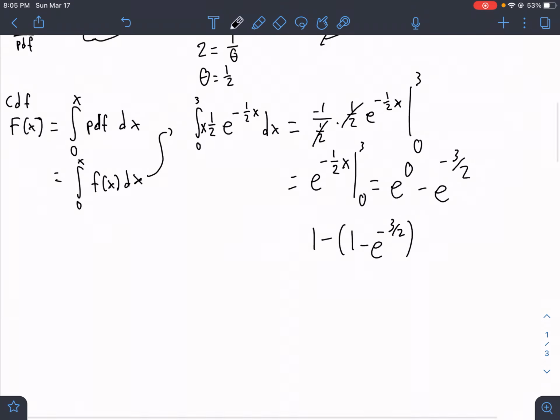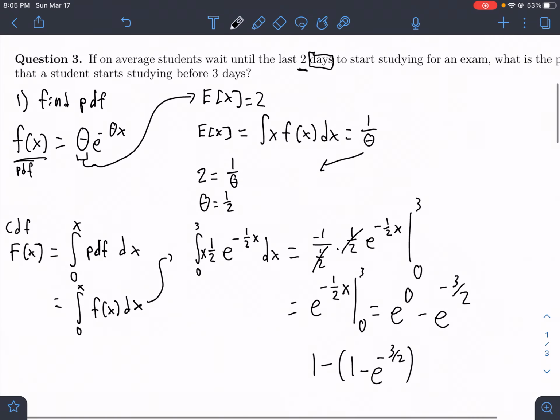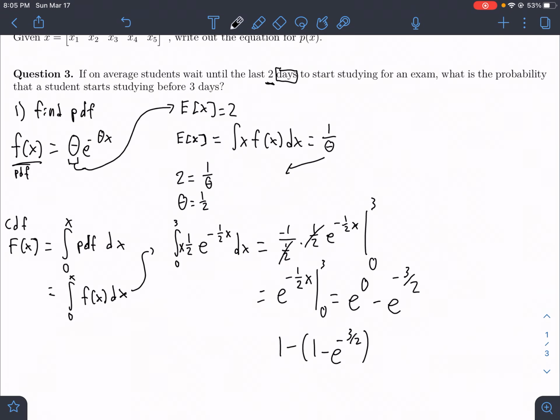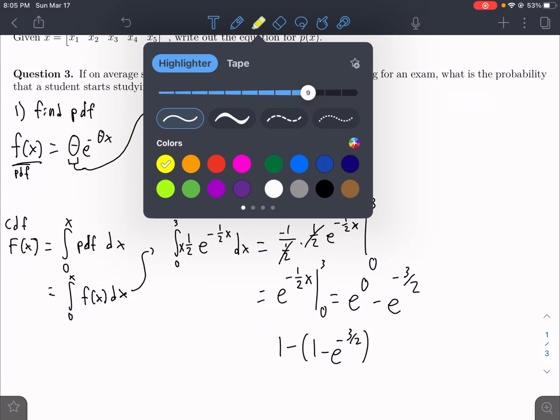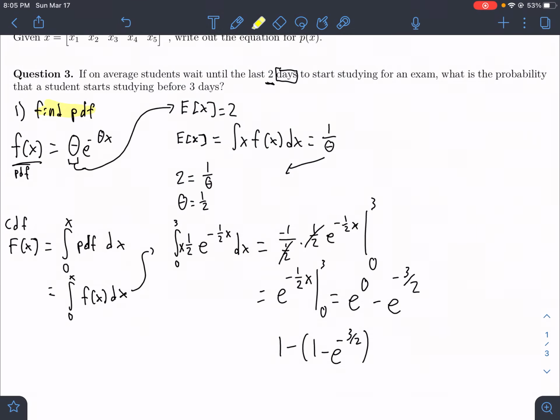All right. So this is how you do a continuous PDF problem. The most important parts are, first, you find the PDF that you're going to use, then you write out the function, then you define whatever missing variable you have to define.